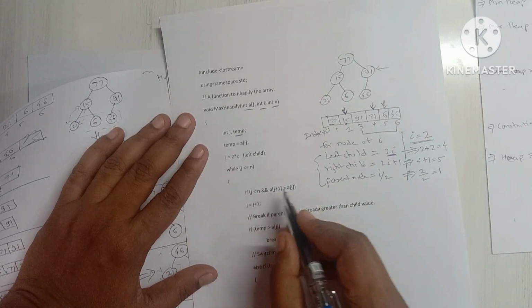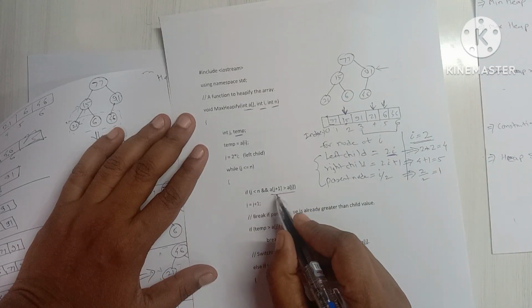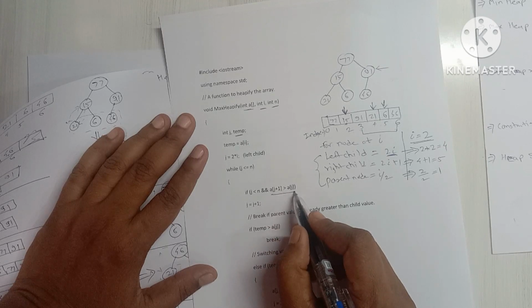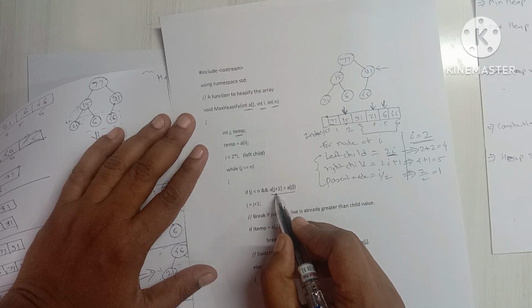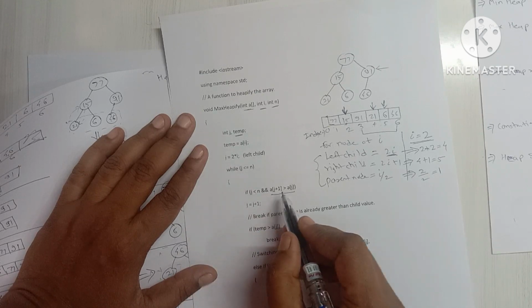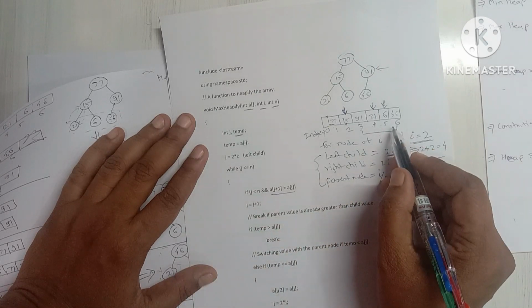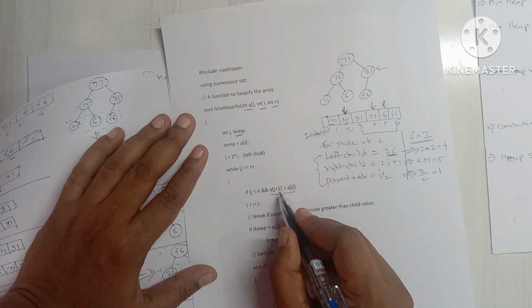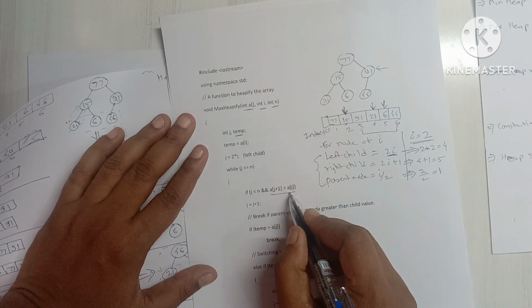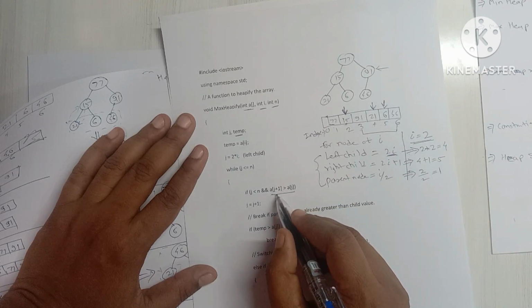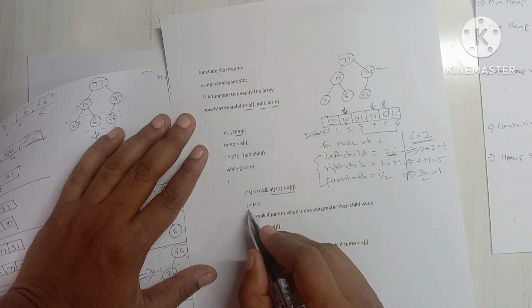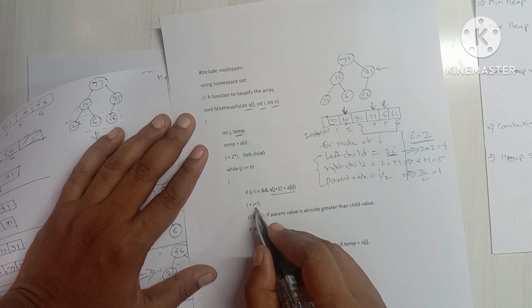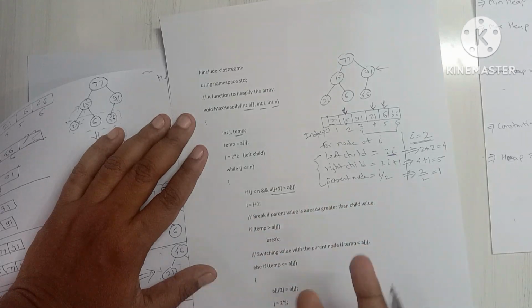Then we check if a[j+1] is greater than a[j]. Here j is our left child and j plus 1 is our right child. So we compare the left child with the right child. If the left child is greater, we consider that; if the right child is greater, we consider the right child as j, and we need to swap this right child.